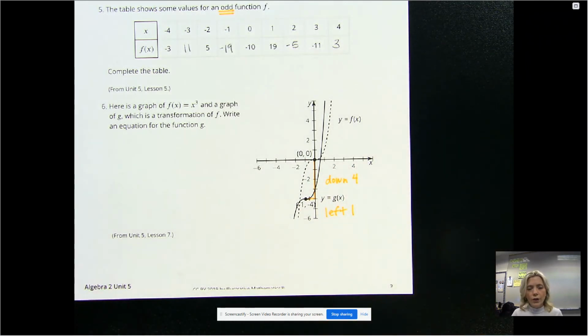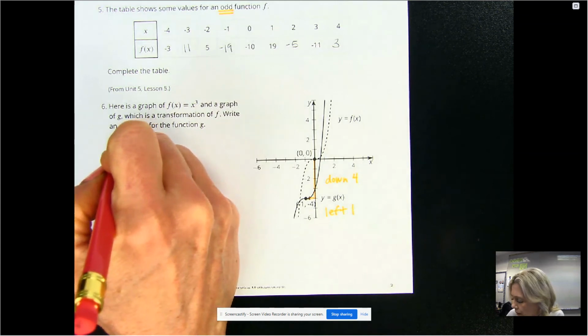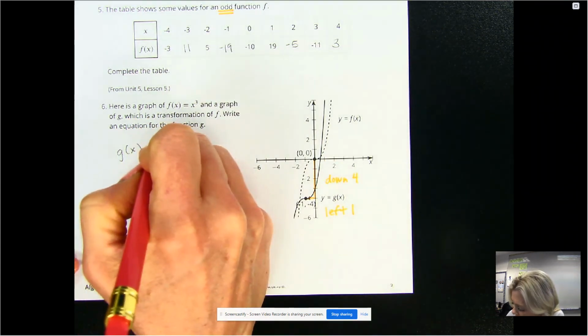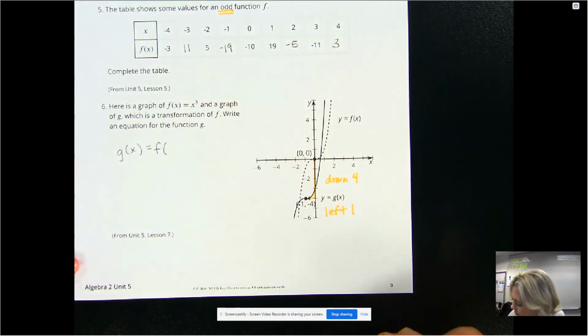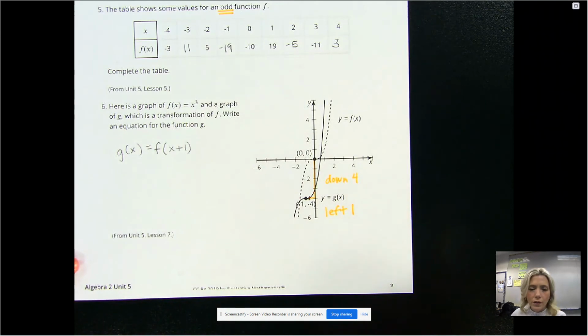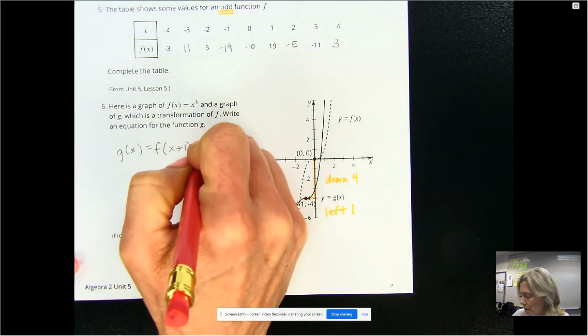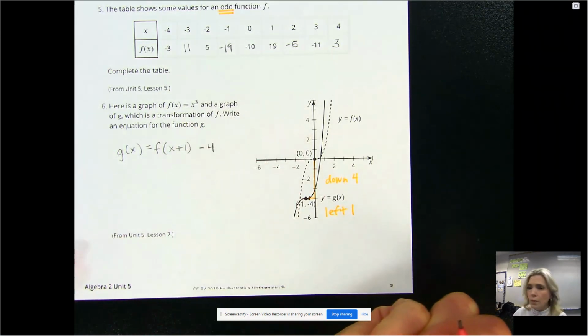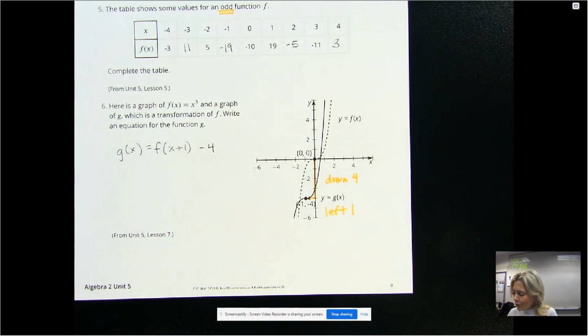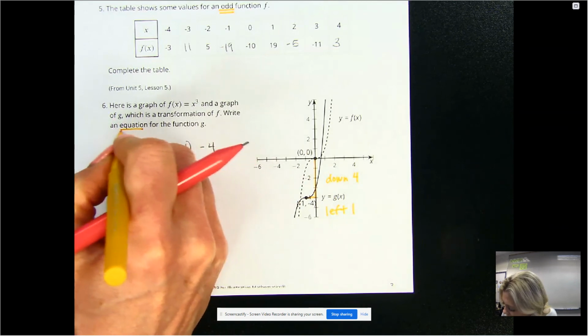So using just function notation, I would say g of x is equal to f of x plus 1 inside the parentheses for 1 to the left, and then down 4 would be -4 on the outside of the parentheses. So that would be in function notation, but it does say to write an equation.